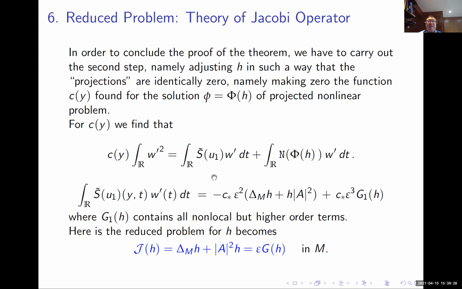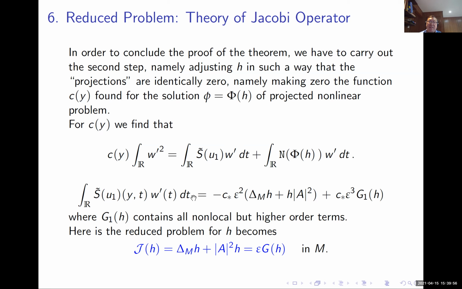Okay, so in order to conclude the proof of the theorem, the last thing we need is to adjust H. We need to adjust H in such a way that the C of Y equals 0, and so you can compute the C of Y. A lot of computations, and there are a lot of nonlinear terms.